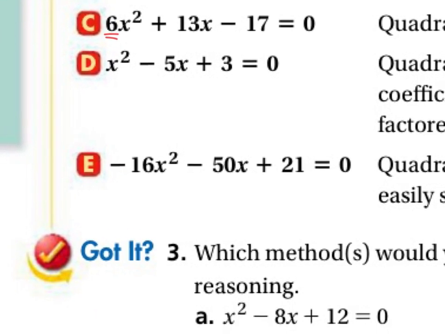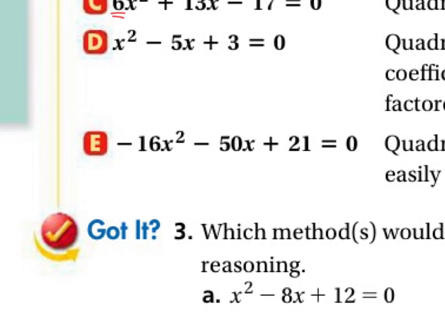And then E, kind of the same idea. That doesn't work out real great, so either the quadratic formula or graphing it on the calculator. Probably not completing the square because we'd have to divide everything by -16, and that's not going to be real pretty.